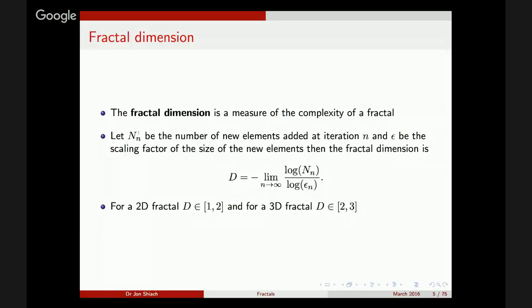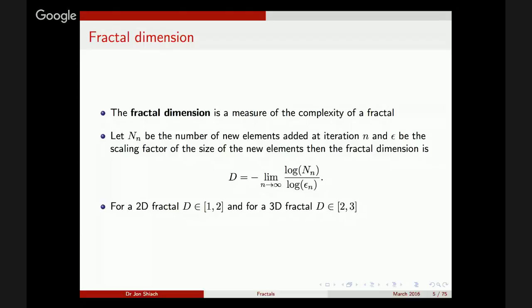We can relate these two. If we take the limit as n goes to infinity, so that means what happens when we're at an infinite number of iterations, we take the log of the number of new elements added at each iteration, divide that by the log of the scaling factor, and that will give us our fractal dimension. And we call that D.